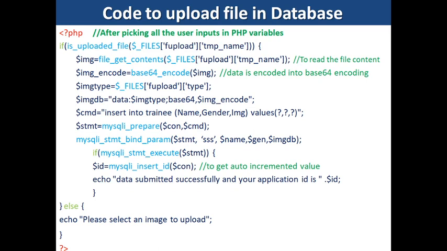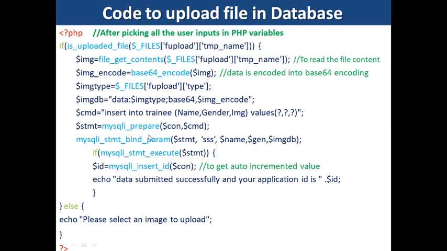After reading all these things, we will make a command, that is a parameterized query. Insert into appl, it should be appl, it is not actually a trainee, it should be appl, name, gender, img, values, question marks, and then $stmt. So we will prepare the statement. If you have any doubt regarding prepared statement, please watch my previous video on prepared statement.